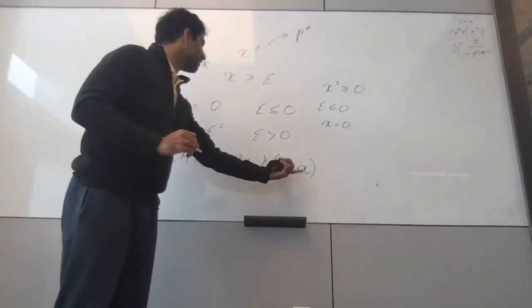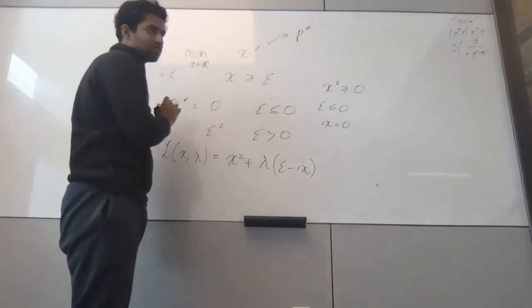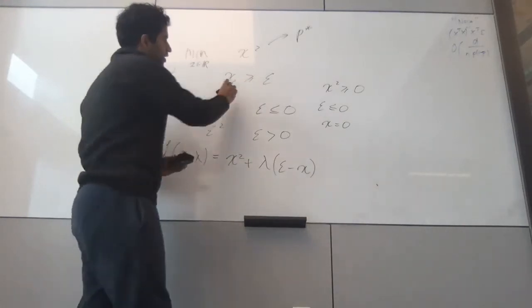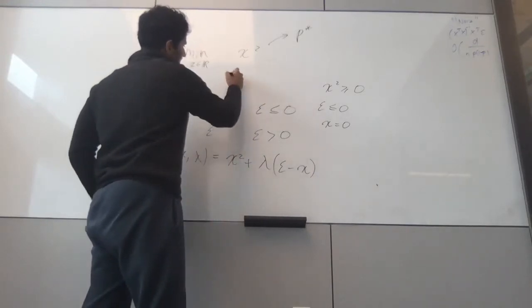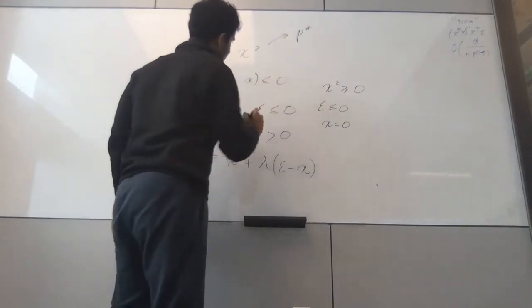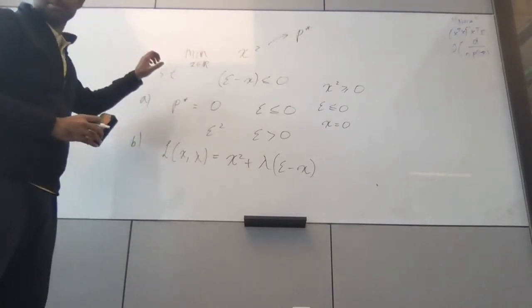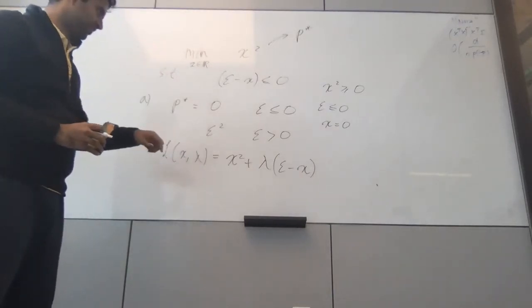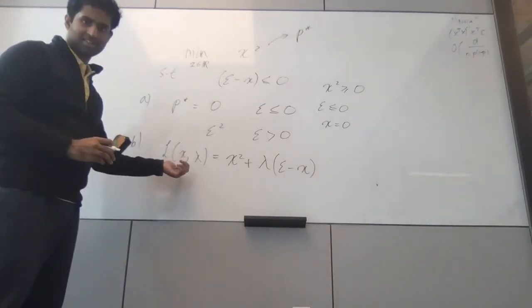So you get epsilon minus x here because you need to convert this to a less than or equal to constraint. So you switch the x to the other side and rewrite the constraint as epsilon minus x is less than or equal to 0. Now it's in the standard form of an optimization problem, so you can write the Lagrangian in this way. Did this make sense? Yeah.